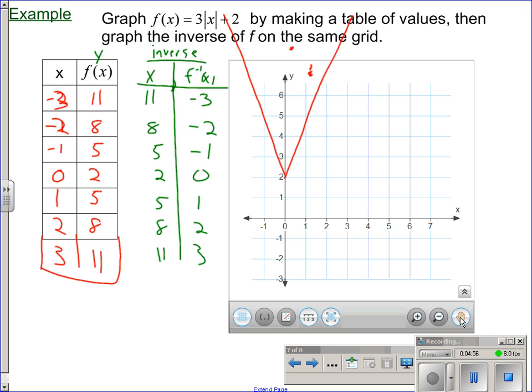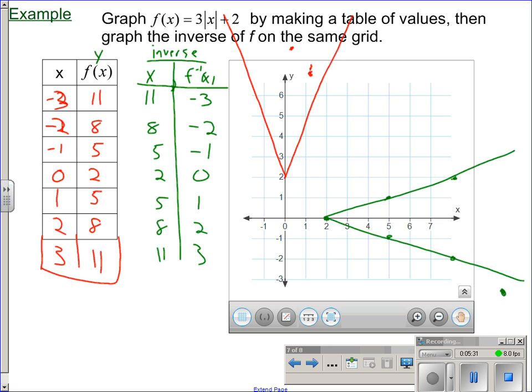When x is 11, we got a y value of -3. That's out there. x is 8, y is -2. That's going to be right there. 5, -1, 2, 0. Got back to 5, +1, 8, +2. There's that same V shape, just reflected over that line, y equals x.